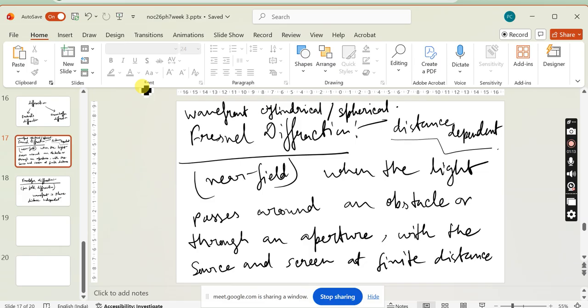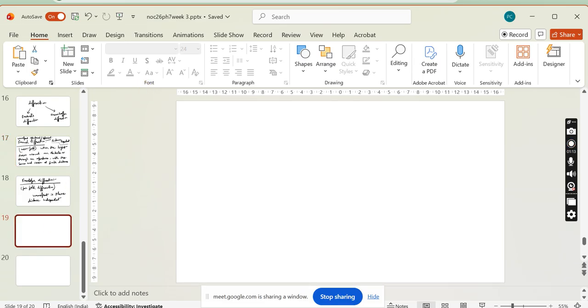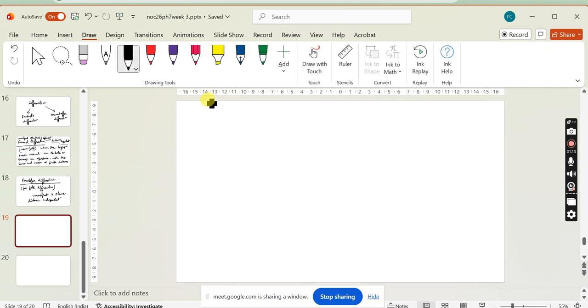I will show you in the next class how the pattern varies on the screen when you change the screen and aperture distance in Fresnel's diffraction, because in my drawing it would not be apparent that the pattern is changing. But in Ajay Khatak's book there is a picture of how they change.